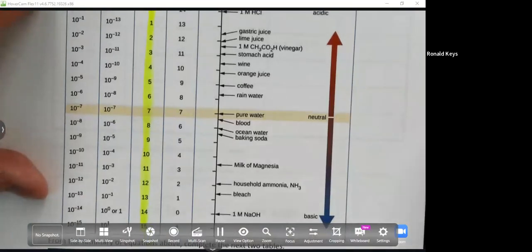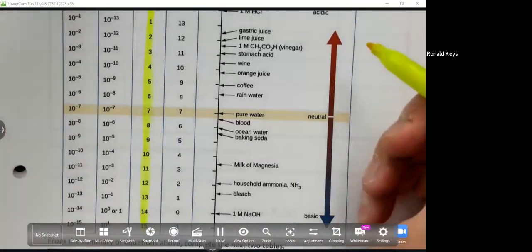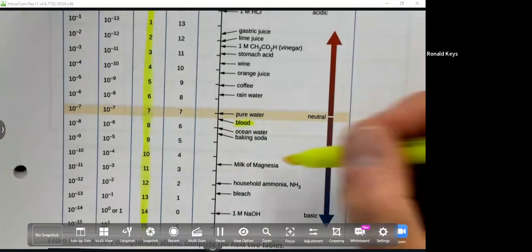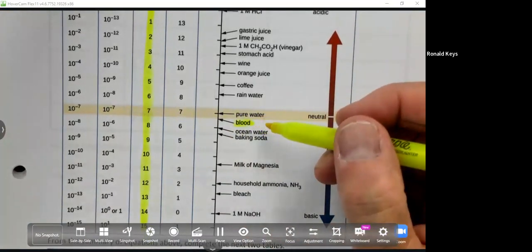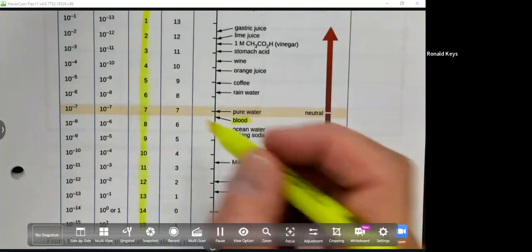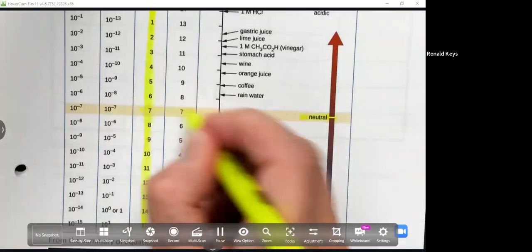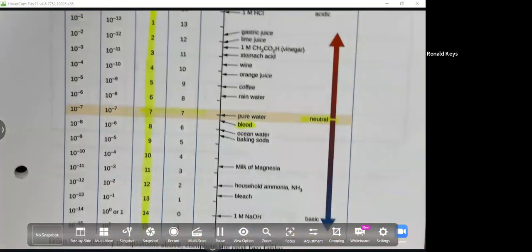Most of you know, maybe, blood's going to be 7.35 to 7.45. Pure water, neutral, would be my neutral here. pH should be 7. pOH would be 7.